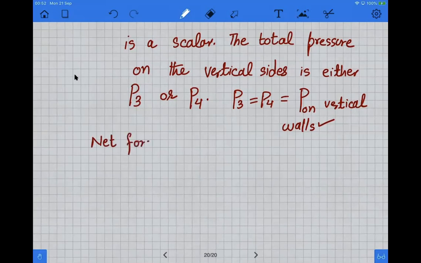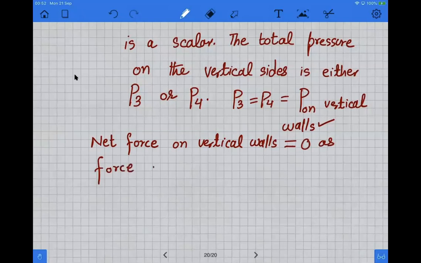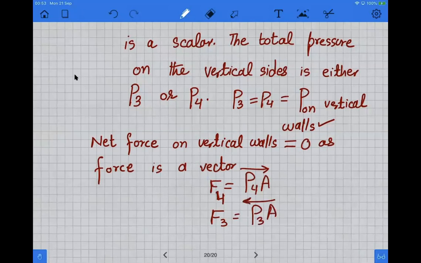Net force on vertical walls will be zero, as force is a vector, and if we take P4, a force towards right, say it is F4, then F3 will be P3 times A, and this will be towards left.